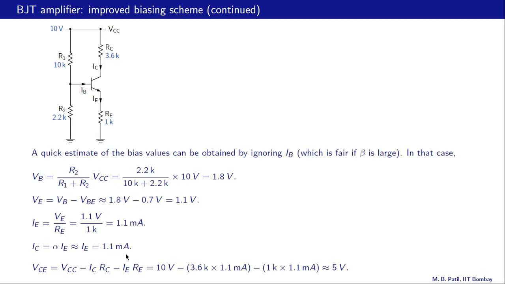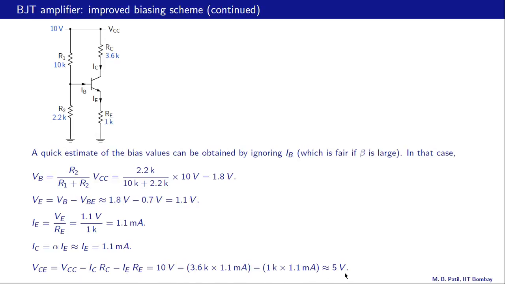And then we can quickly find VCE, VCC minus IC RC minus IE RE. VCC minus this voltage drop minus this voltage drop, that is VCE. So that is 10 minus 3.6 K times 1.1 milliamp, that is ICRC, minus 1K times 1.1 milliamp, that is IERE, and that turns out to be 5 volts.